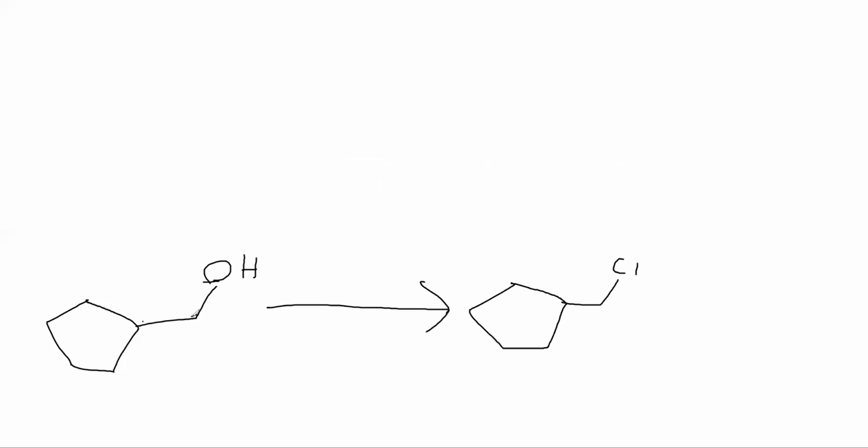Yeah, we have a primary alcohol, so we're going to want to do an SN2 mechanism, not an SN1. And to get it to be a chlorine, we use SOCl2, and the solvent, which isn't as important, but it's pyridine.